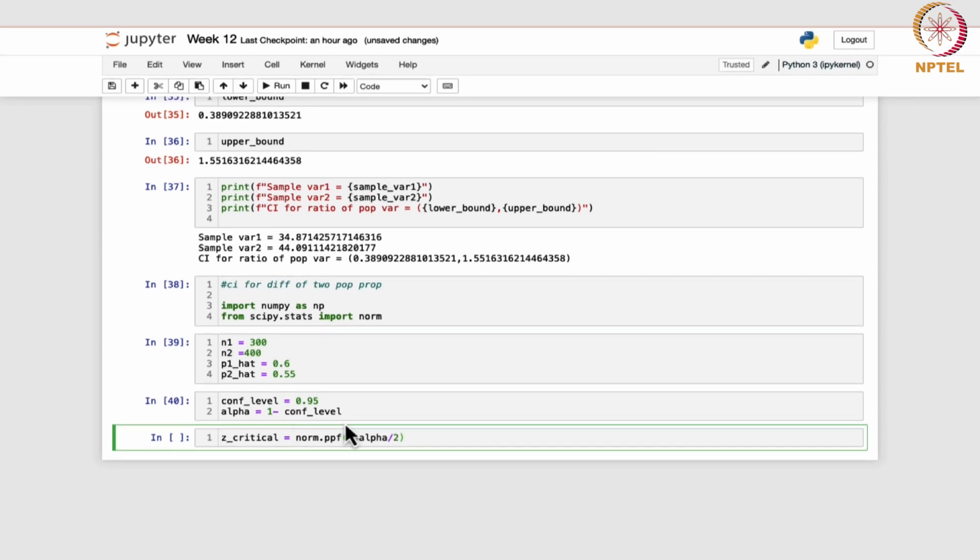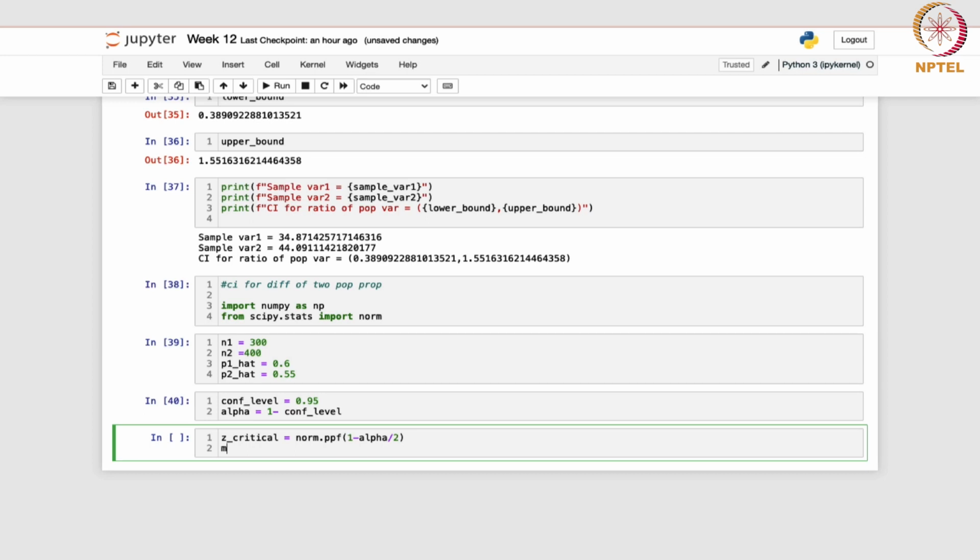So we are using scipy's norm module. From it we are using the function norm.ppf, which calculates the percent point function, or you can say the inverse CDF for the standard normal distribution with mean 0 and variance 1. In other words, it will tell you the Z value for the given cumulative probability. And z_critical is there.